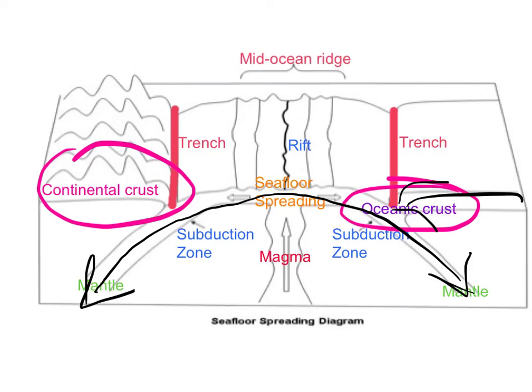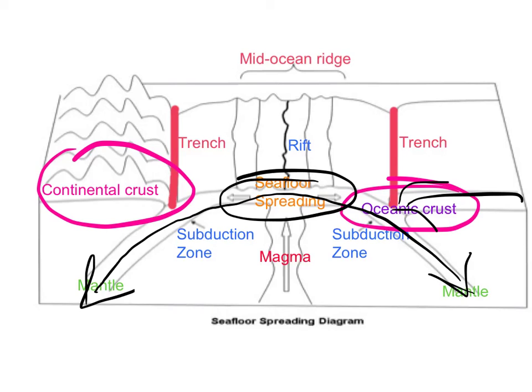So if we look at seafloor spreading as a whole, we have a divergent boundary occurring right here where the seafloor is actually opening up, creating mountains. It's creating mountains because lava cools very quickly.